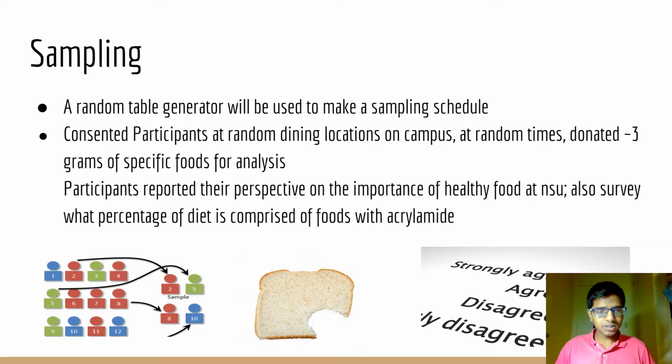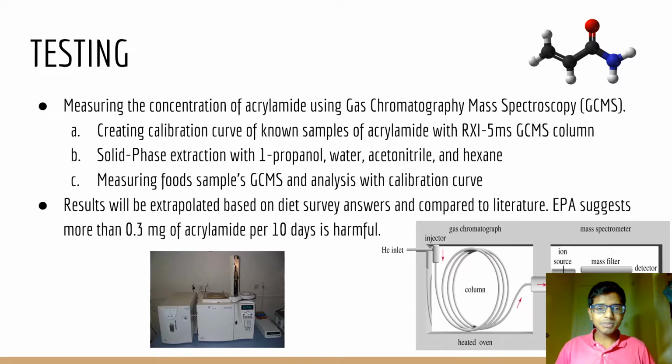And these participants also shared their results and perspectives on the importance of healthy food at NSU and about what percentage of their diets composed of the foods that we were testing for acrylamide. Next, once we obtained these samples, we refrigerated them until we were able to test them.